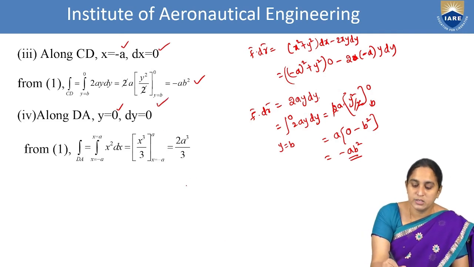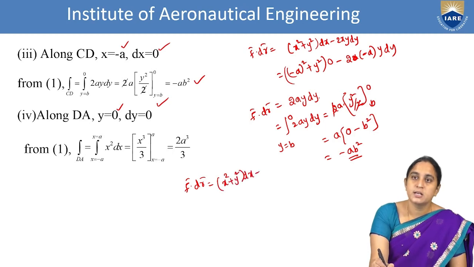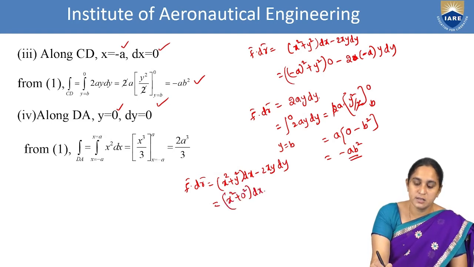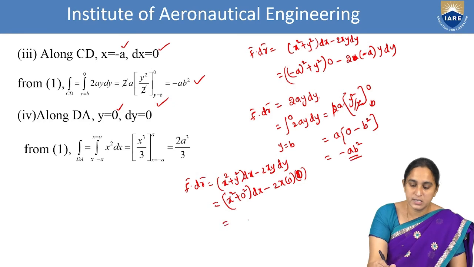From that, what is f bar dot dr bar? It is (x square plus y square) dx minus 2xy dy. With y as 0 and dy also 0, that is x square dx.